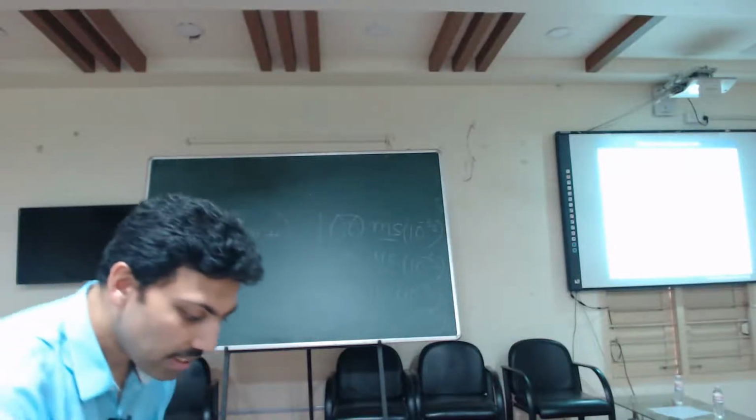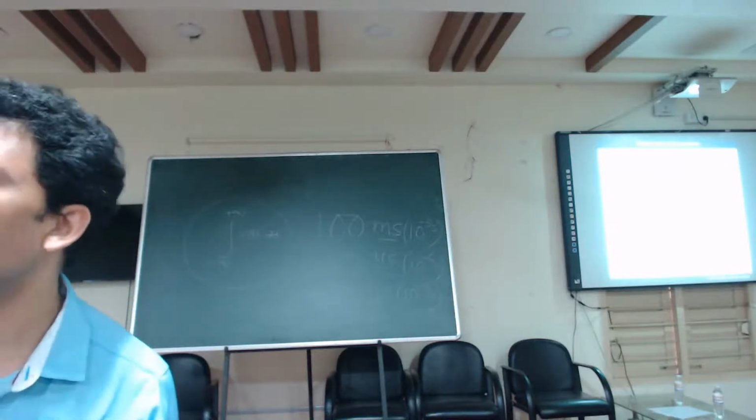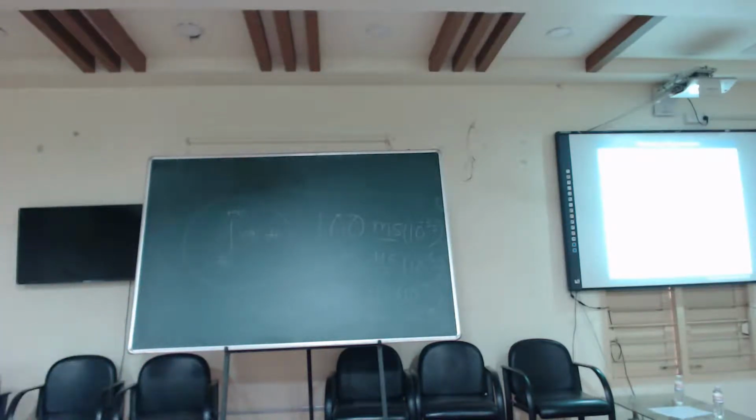How are they correlated? We know the Heisenberg uncertainty principle, you know? What is the Heisenberg uncertainty principle? Position and momentum simultaneously cannot be measured with the same precision. Okay? It can be measured. You can go and measure.